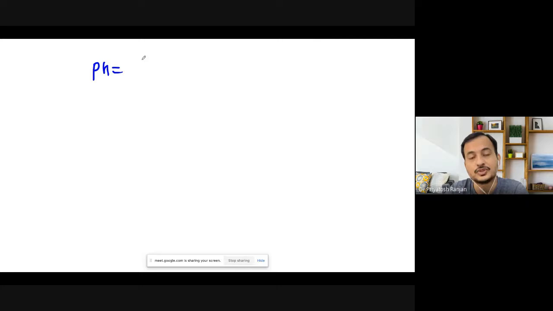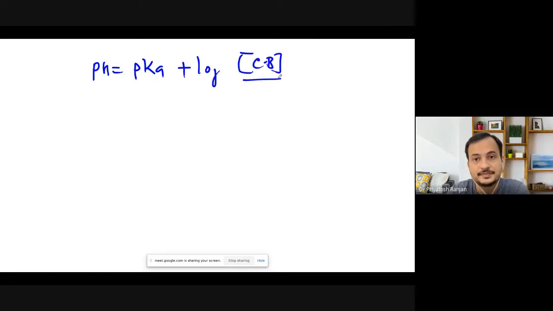Very important: you should not memorize it, but try to derive it, and you'll realize that you can gather a maximum amount of information from this equation, which is pH equal to pKa plus log of the concentration of conjugate base by the concentration of acid.